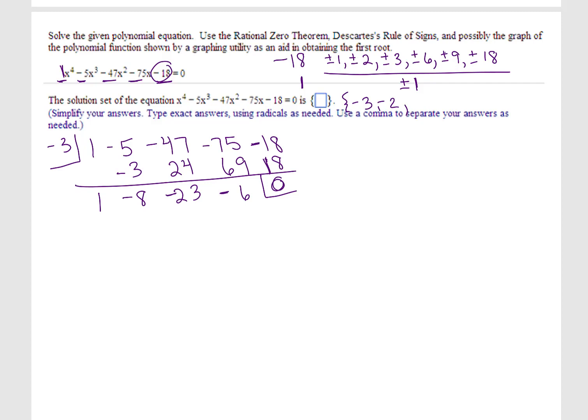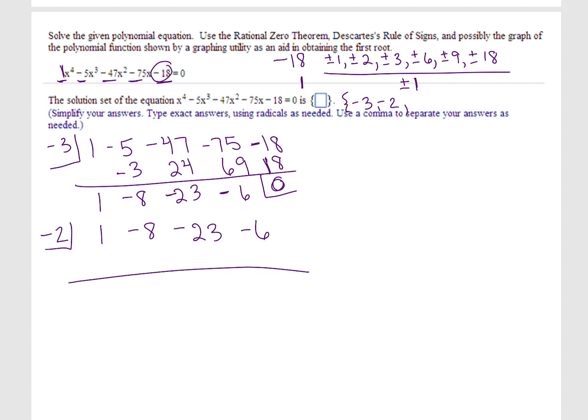So now I have x cubed minus 8x squared minus 23x minus 6, but I don't even have to put the variables in because I know that I'm going to continue and do synthetic division again to chop down another power. So negative 2 was my other rational root, so we're just going to drop these down and continue.